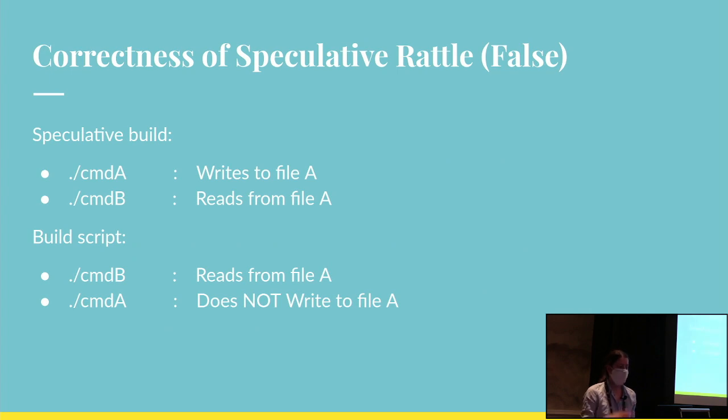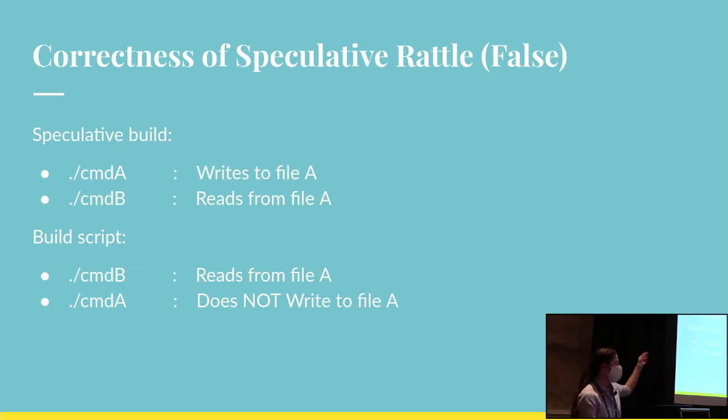But we can't prove this. It's not true for Rattle currently, because although it is extremely unlikely, it is possible that Rattle could reorder commands in a way that overwrites build inputs. So basically, in this example, Rattle decides to run command A before command B, and command A writes to command B's input.